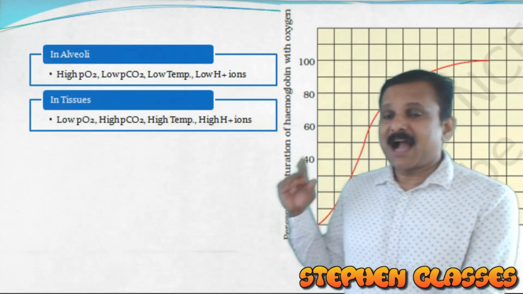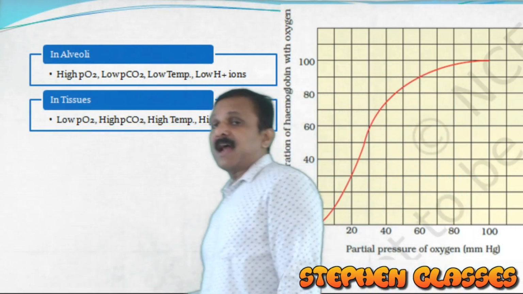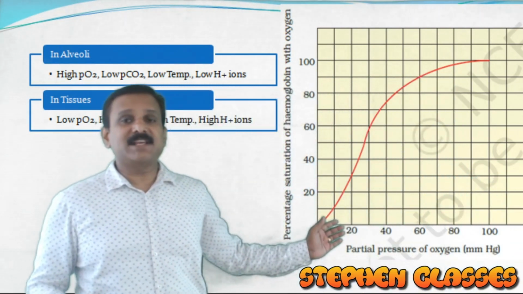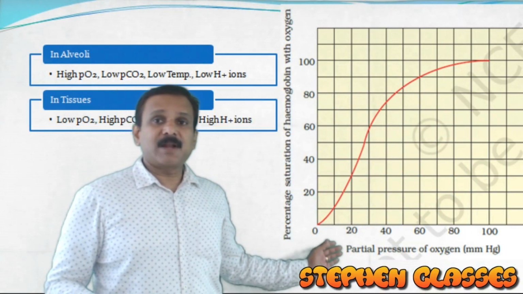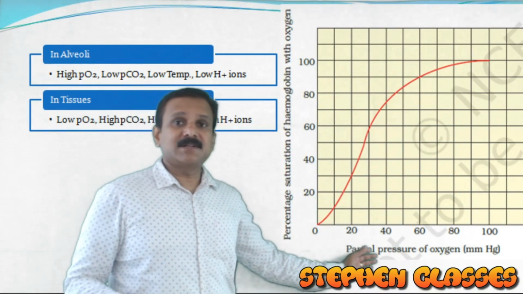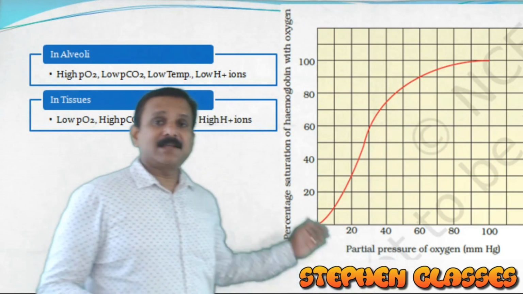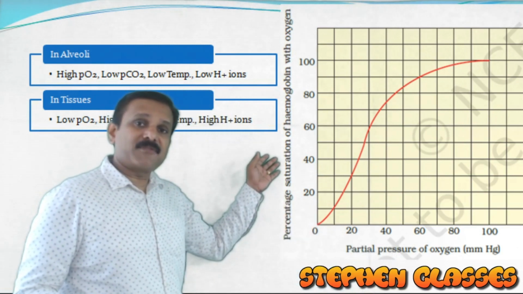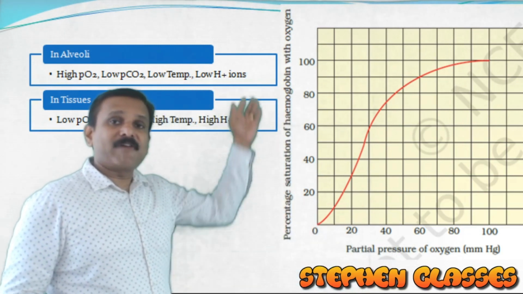Here we have a graphical representation, with partial pressure of oxygen taken on the x-axis and percentage of saturation of hemoglobin taken on the y-axis.